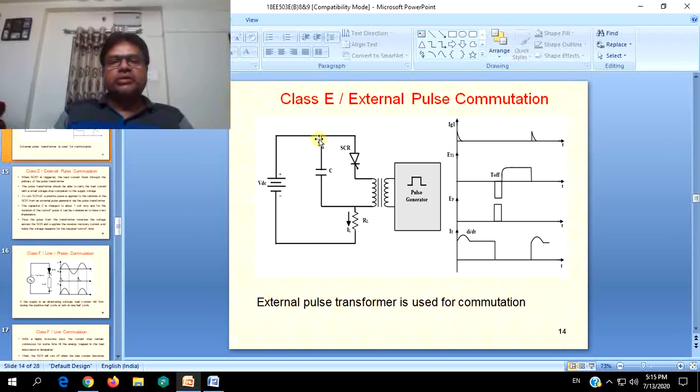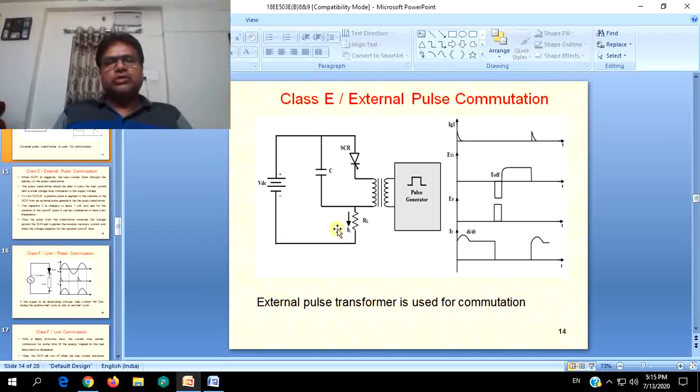And also a capacitor is connected in parallel across the SCR, which will act as the required commutating component when the external pulse is given in the opposite direction. Just to understand the working of the circuit, when the gate pulse is given, current flows via the SCR, the transformer winding and the load.